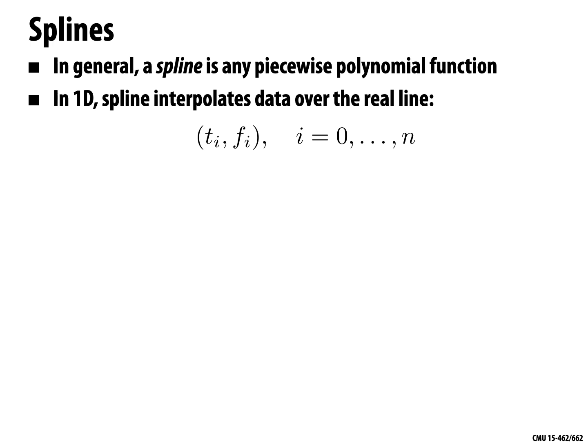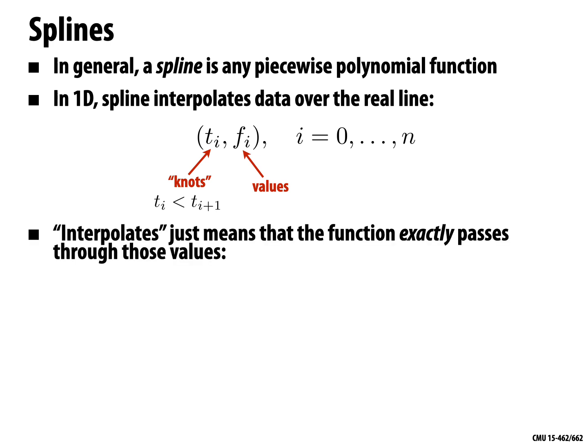So we might have function values f_i that occur at times t_i. These times are also sometimes called knots. So we have knots in the spline, and just to keep things orderly, we put t_i less than t_{i+1}, right? So these are ordered times or ordered knots. The f_i are the values. And interpolates just means that the function exactly passes through those values at the given times. Okay?